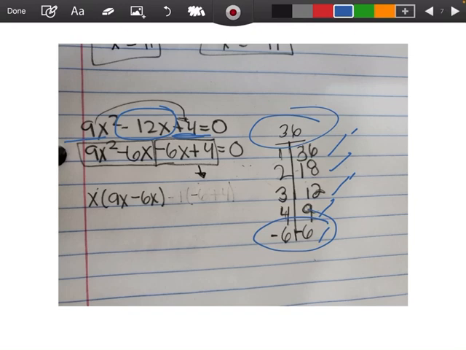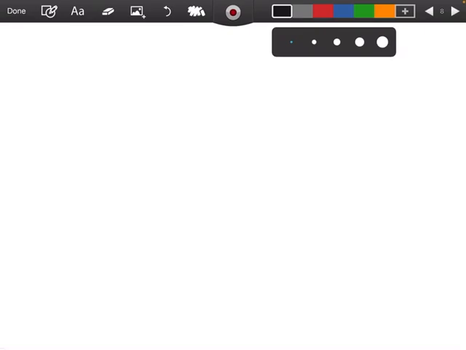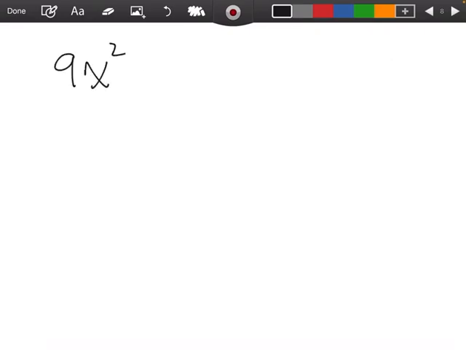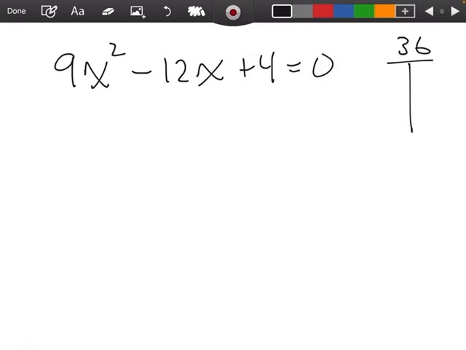What I'm going to do is rewrite the problem over here. So it is 9x squared minus 12x plus 4 equals 0. We got our 36, and we said the two numbers we're going to use were negative 6 and negative 6.